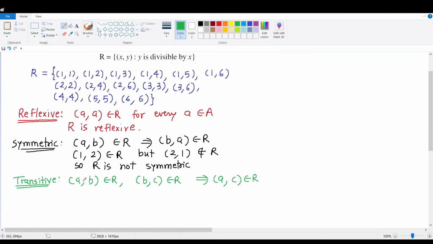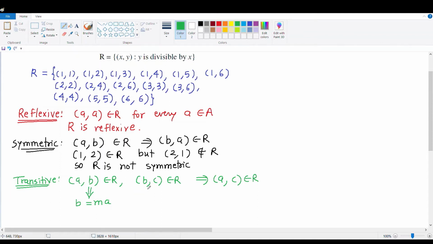That means b must be divisible by a, and since b is divisible by a, I can say b is a multiple of a. So I can write like this, that b must be some number times a, because b is a multiple of a, right? Why? Because b is divisible by a.